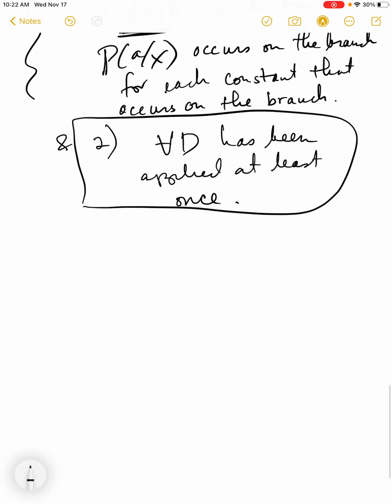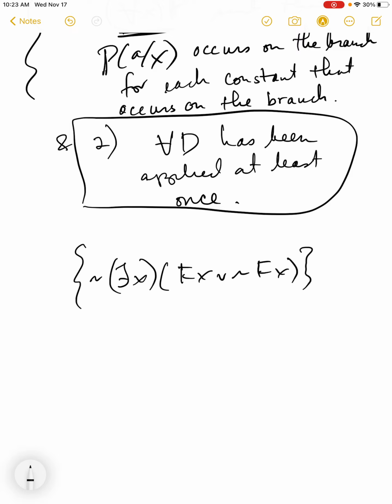So here's an example of why it would be crucial to apply universal decomposition at least once. So suppose the set just had as its member that. And so you do a tree for it. So your set member in your tree is line number 1.